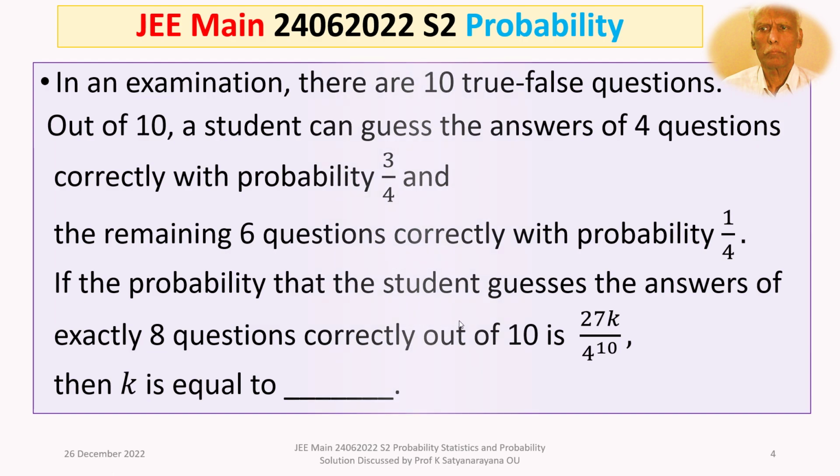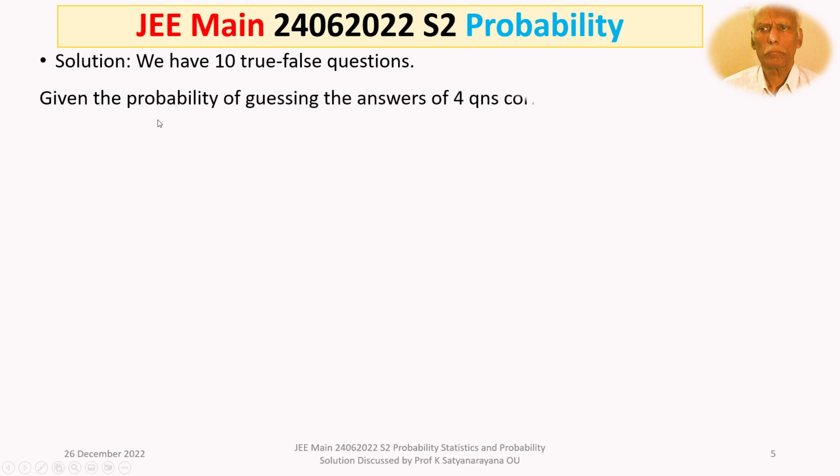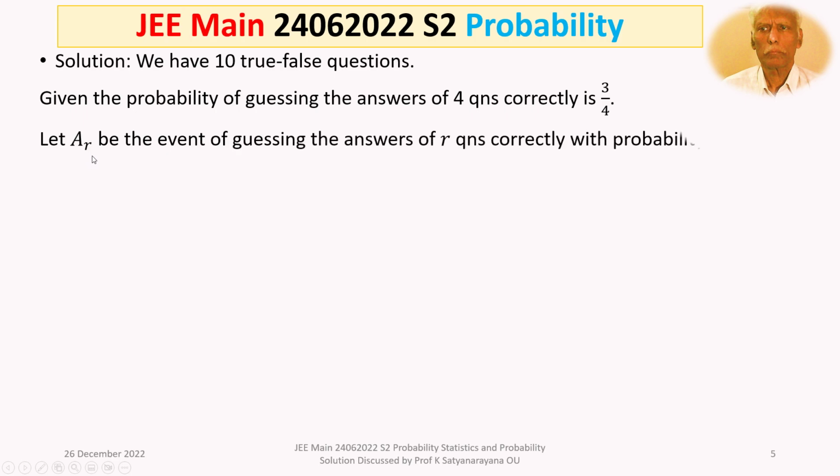We will now discuss the solution of the problem in detail. We have 10 true or false questions. Given the probability of guessing the answers of 4 questions correctly is 3/4. Let A_r be the event of guessing the answers of r questions correctly with the probability 3/4.